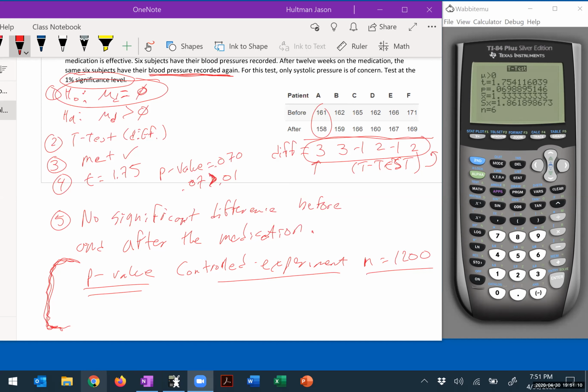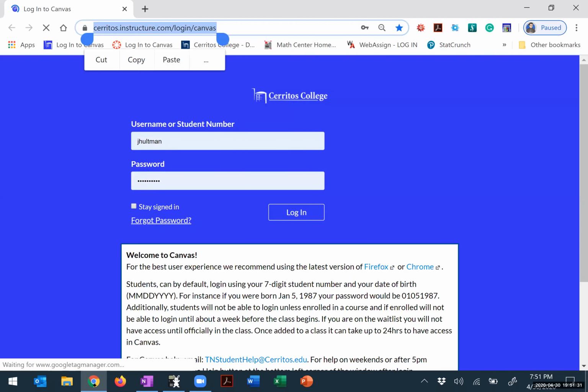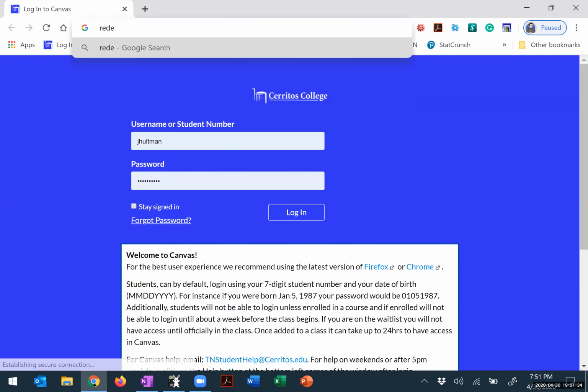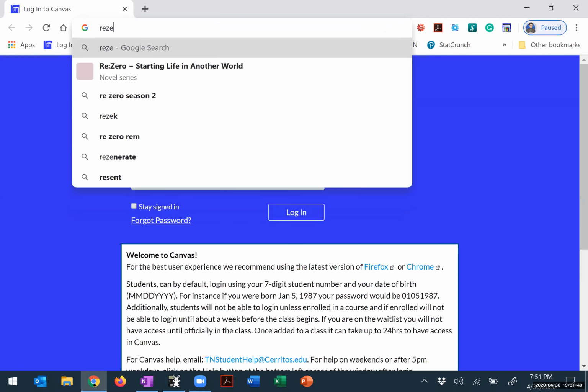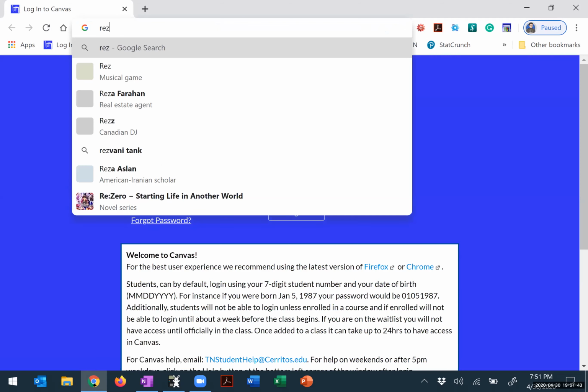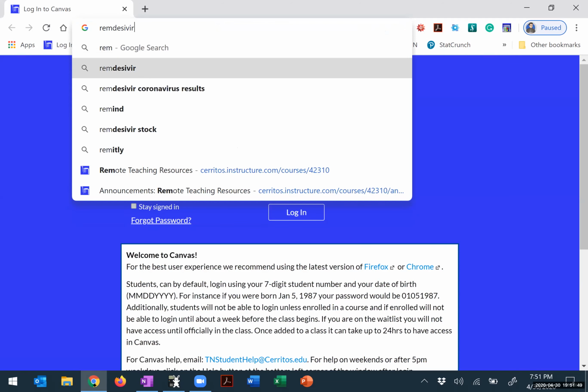So it seems to be a first step in this, but he stated the p-value, so I thought that was kind of cool. I'm Googling Remdesivir. That's what it is. Remdesivir, right? So remdesivir, that's what it's called.